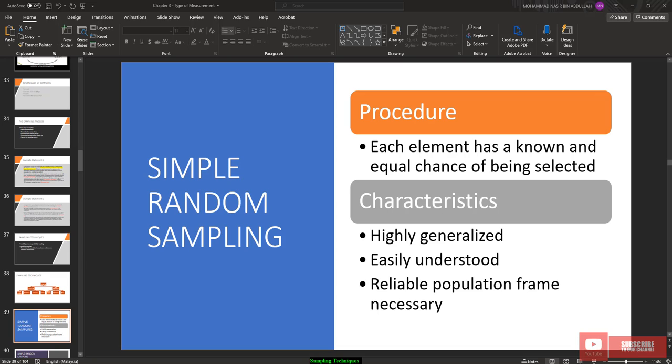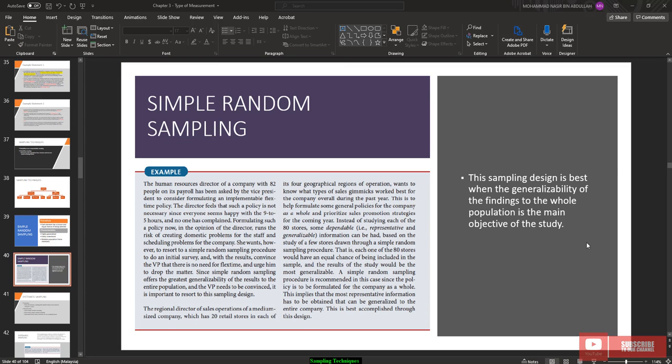So we need to have a full sampling frame. This sampling design is best when generalizability of the findings to the whole population is the main objective of the study. Let's look at the example.